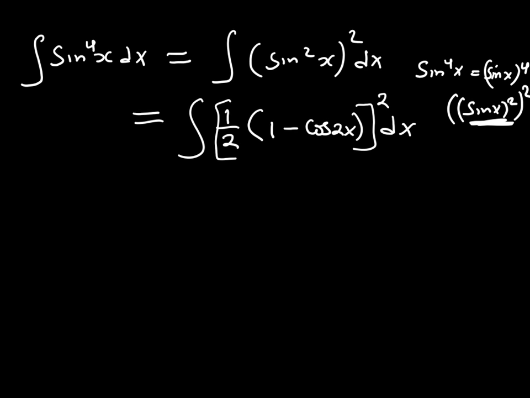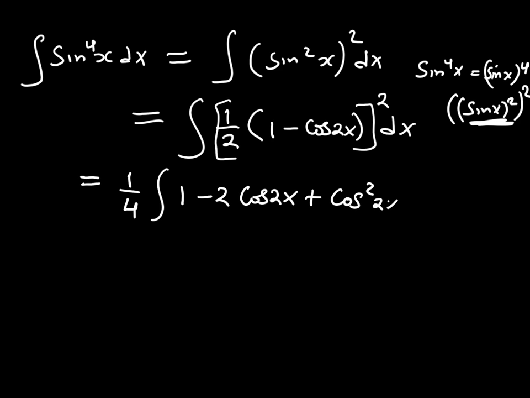So what do we get? This is going to be a quarter, because when I square a half, I get a quarter and put it outside. Then I have 1 minus 2 cosine of 2x, then plus cos squared of 2x.